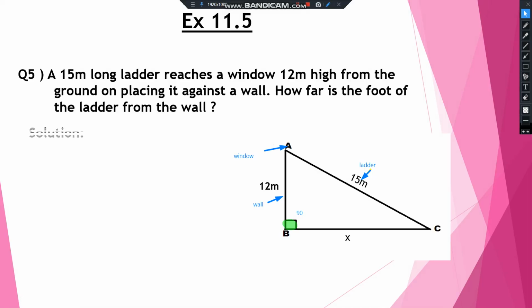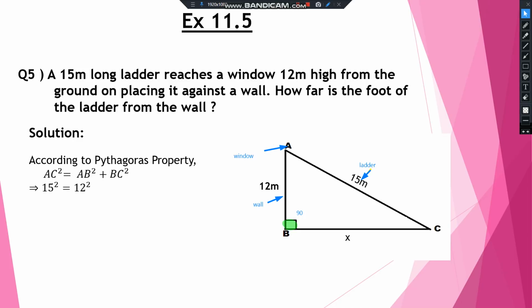So let's see the solution. Now according to Pythagoras theorem or property in this triangle ABC, we can write AC square equal to AB square plus BC square. Now let's put the value. AC is the hypotenuse, which is in this case length of the ladder, that is 15.